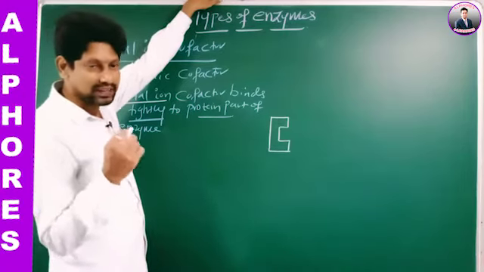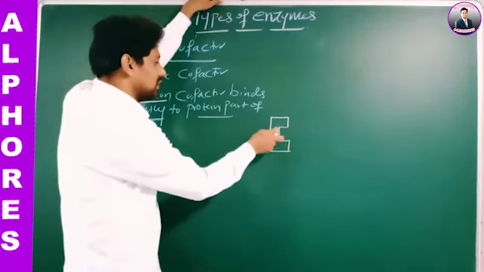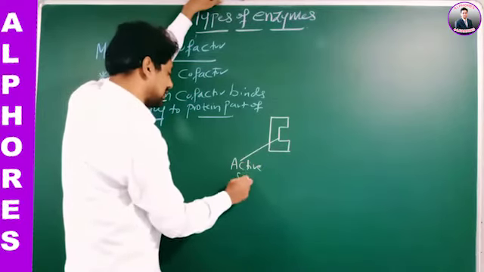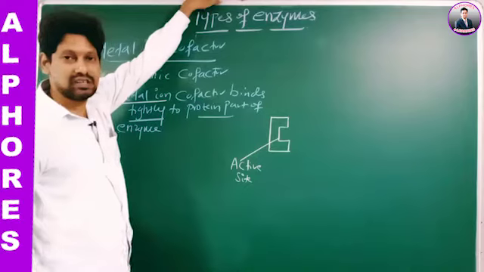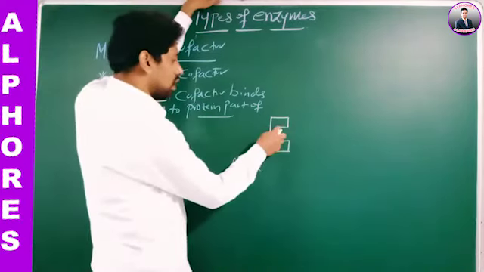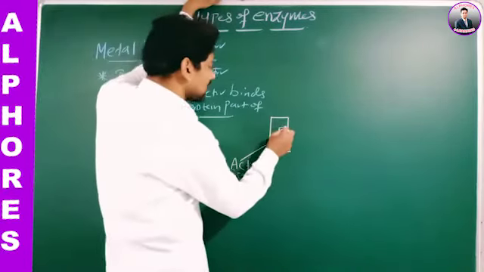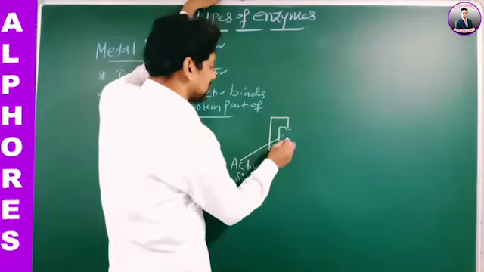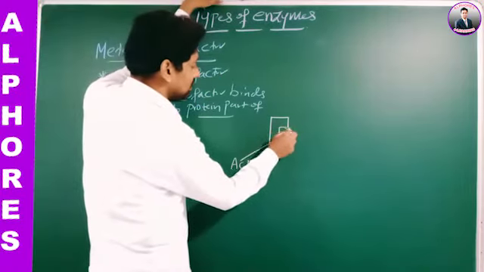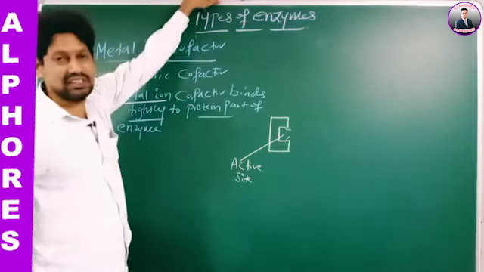One such pocket is called the active site. Protein is made up of amino acids, so the active site also contains many side chains made up of amino acids.